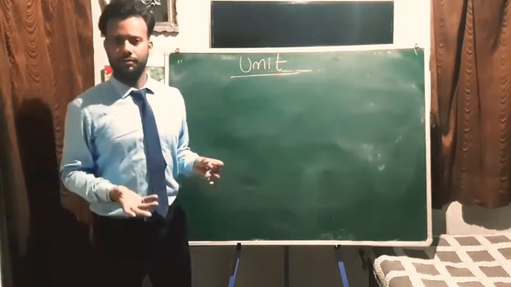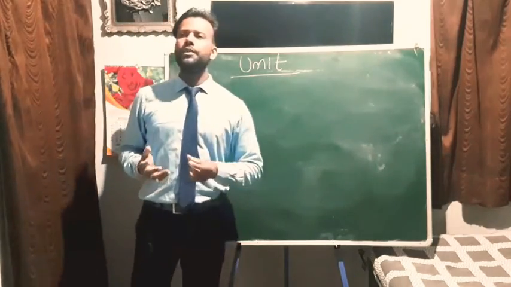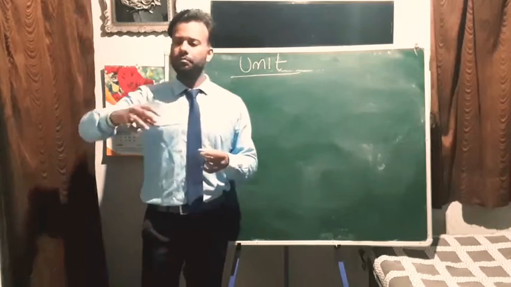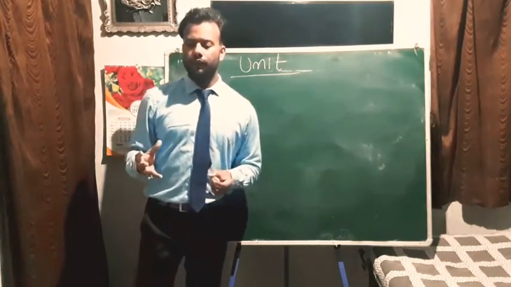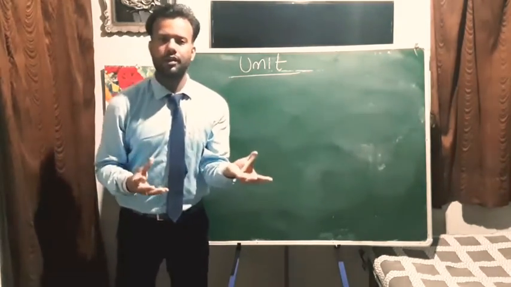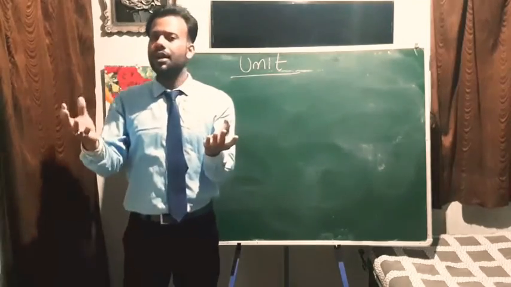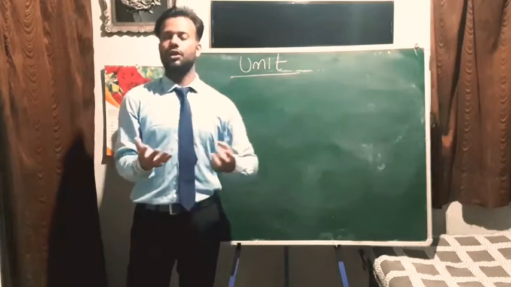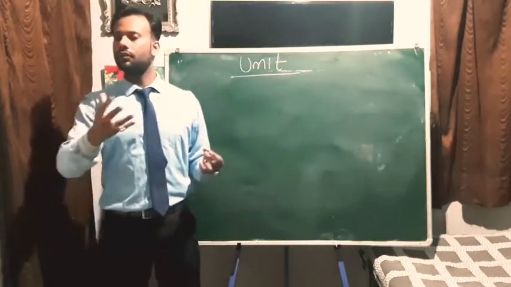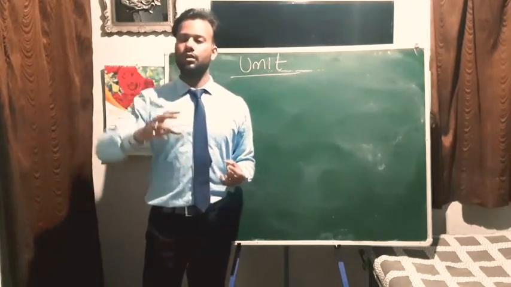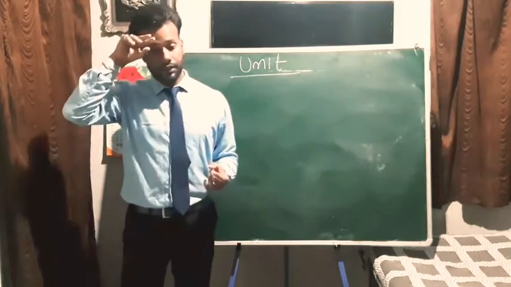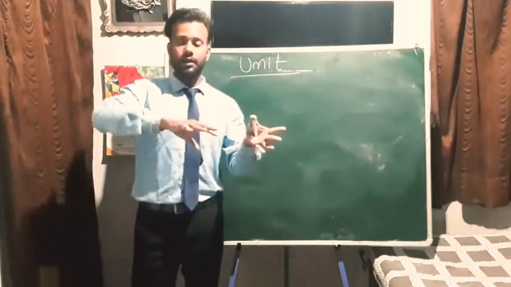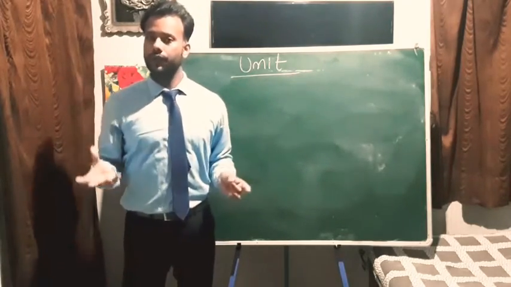What is a unit? When we measure something, what do we do? We compare one quantity with another standard quantity, right? That is measurement. Suppose you go to the shop and say you want 1 kg sugar. What will the shopkeeper do? He'll take some sugar, put it in a polythene bag, and compare it with the 1 kg weight.